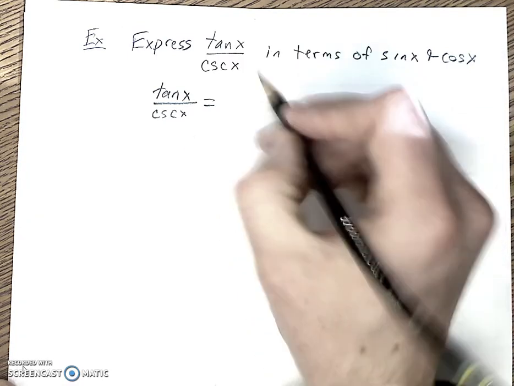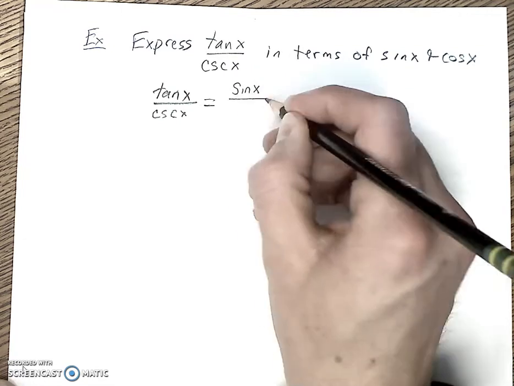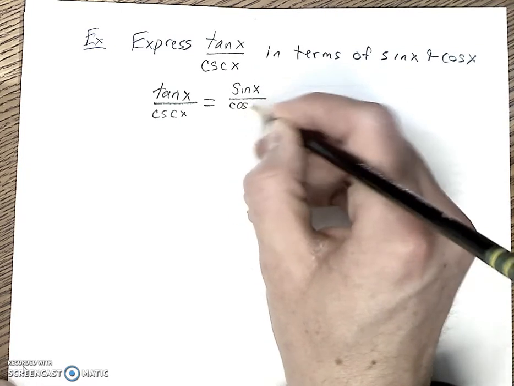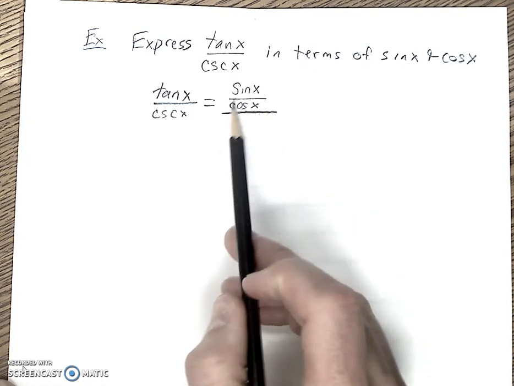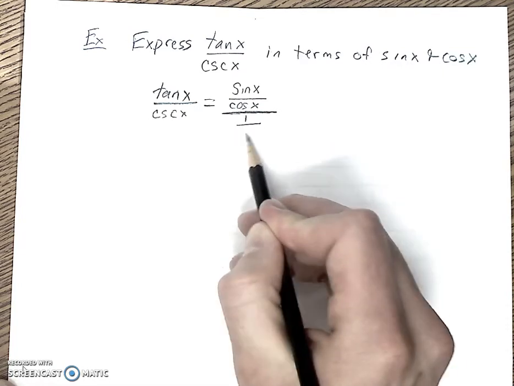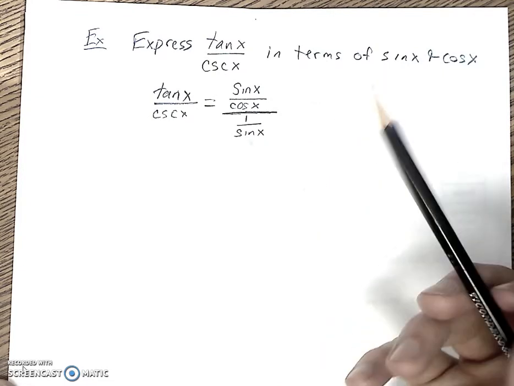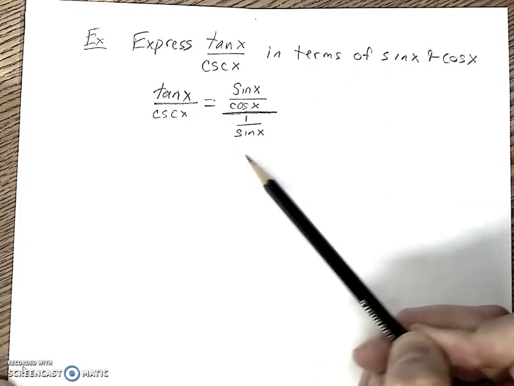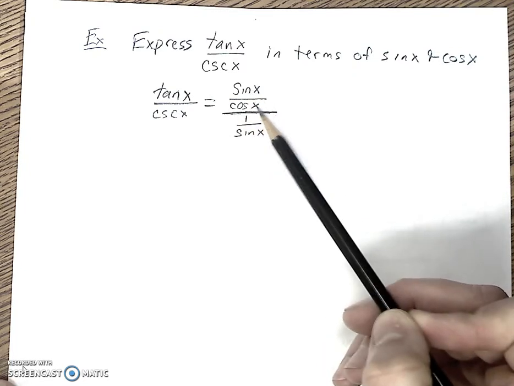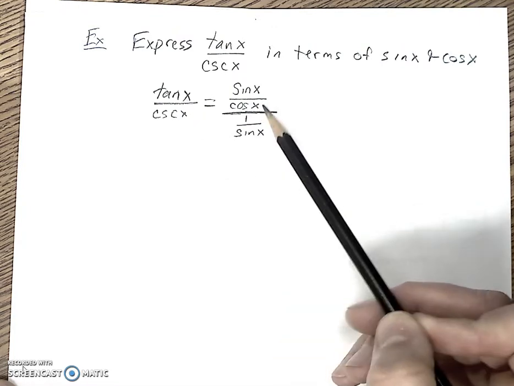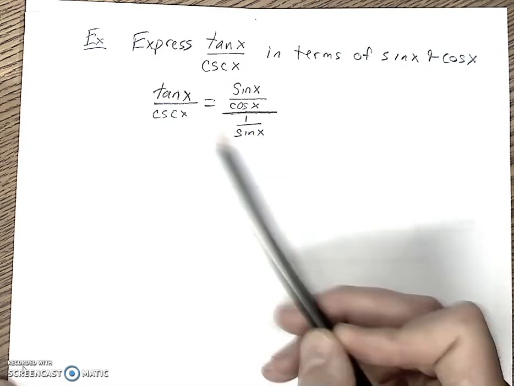So we would start with the tangent of x is sine over cosine of x. And then that is all divided by, so tangent divided by cosecant is tangent divided by 1 over sine x. And these are, again, the fundamental identities, the ones that we need to know backwards and forwards. So later on, when we look at sine x over cosine x, we need to see tangent, and when we look at 1 divided by sine x, we need to see cosecant of x.